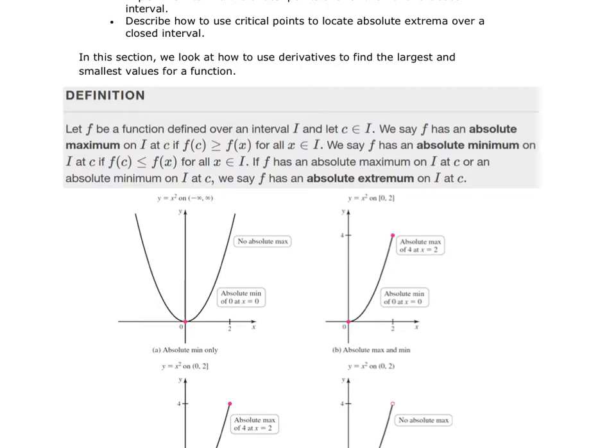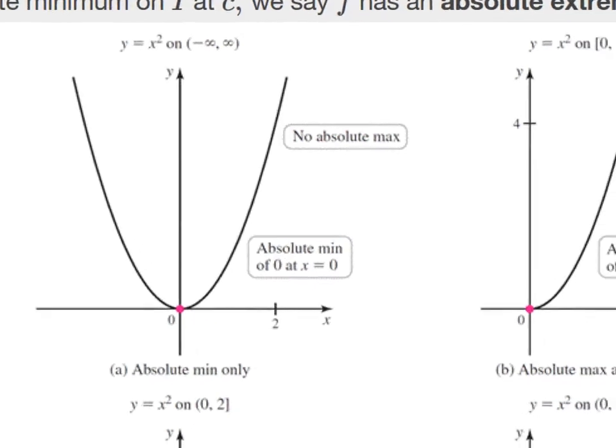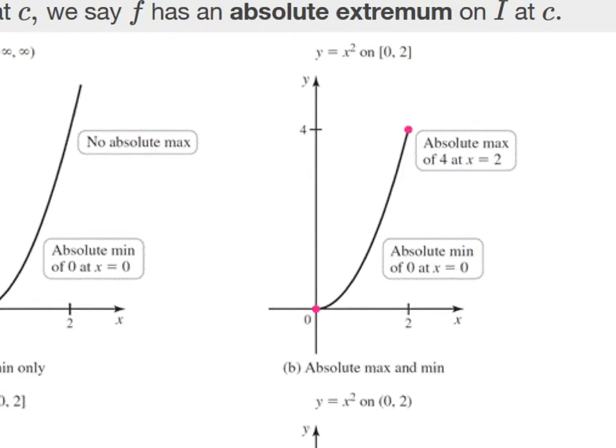Looking at these particular graphs, we talked about this yesterday. This one has an absolute minima, but no absolute maxima. In fact, this graph has no maxima at all, because there is no highest point. It goes on forever in both the negative and positive infinity. This particular graph does have an absolute minima, and it does have an absolute maxima.